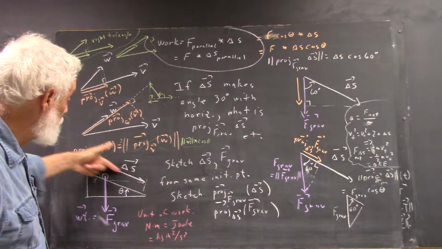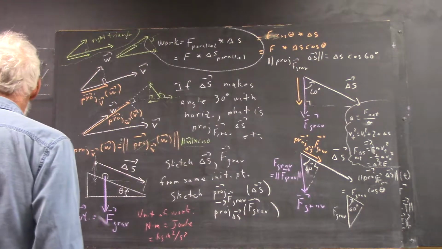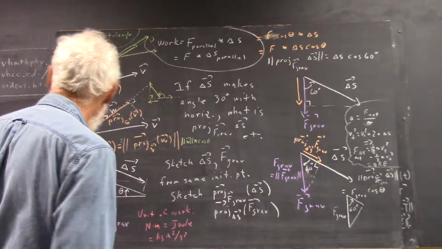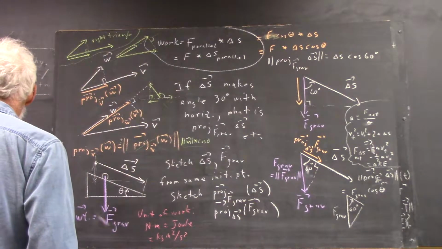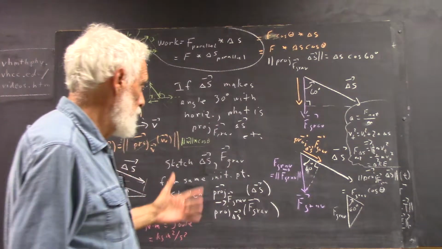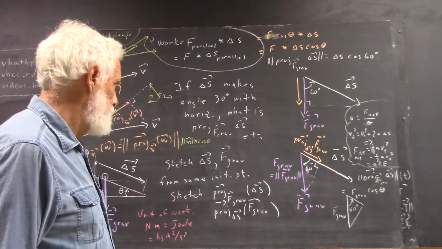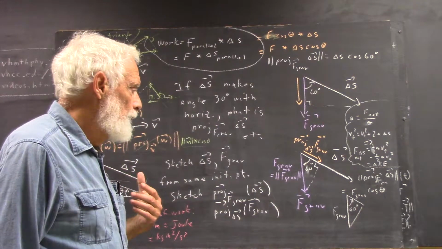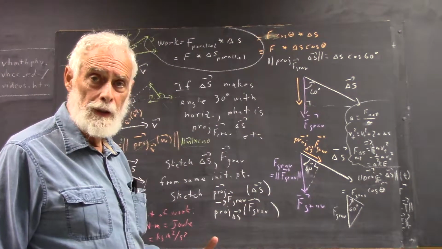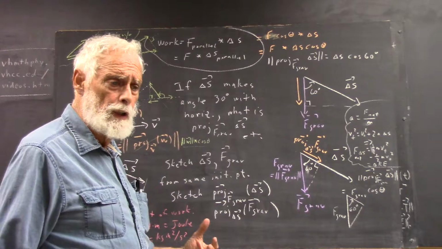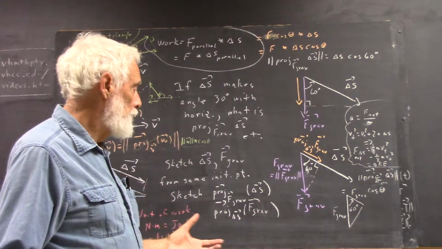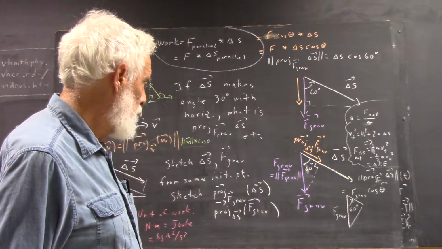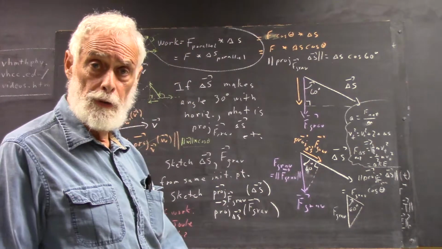So we wanted to project this vector onto this one, and then I asked you to project the gravitational force vector onto delta S. Now it turns out that there's a lot of similarity between the results that we're going to get, but your choice of which vector to project on kind of influences the way you think, and it's going to turn out that for the purposes for which we're doing this, it doesn't really matter which one you choose.